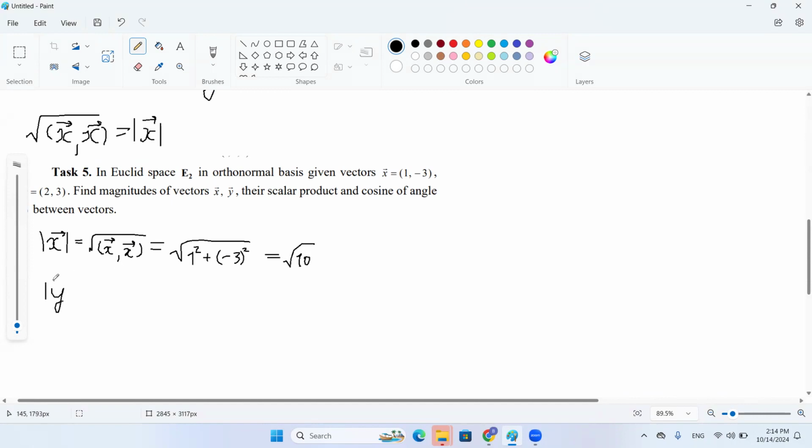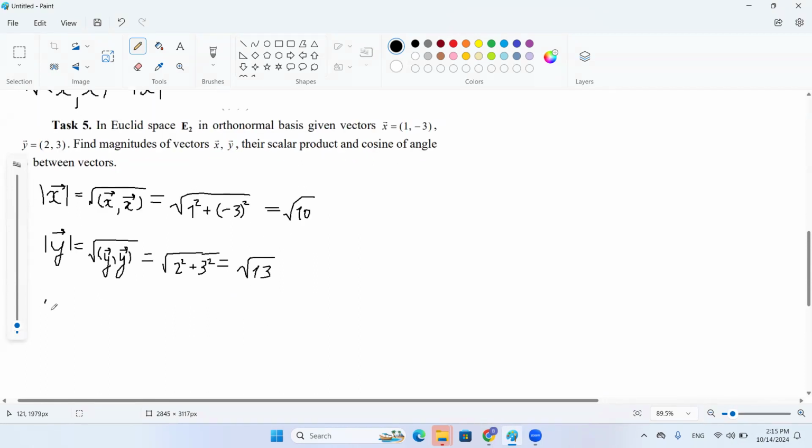Then y, magnitude of y the same way, and we have 2 in power of 2 plus 3 in power of 2, and it equals square root of 13.